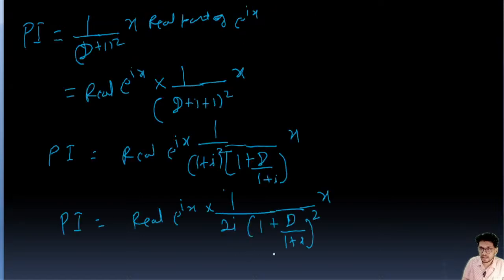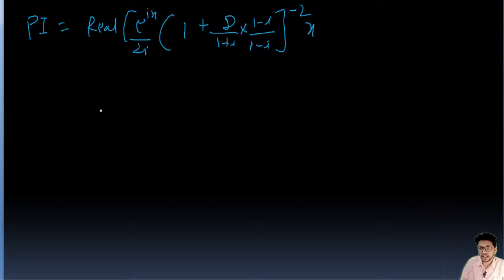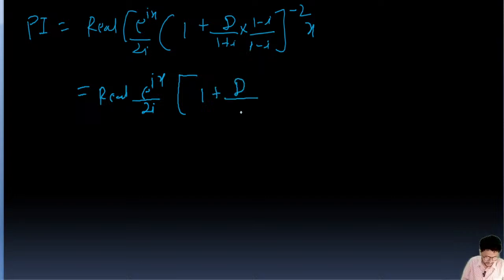We have taken this into the numerator, right? So power minus inverse, and x, we can write like this. Okay, so we'll open it, right? So this is going to be the real part of e to the power iota x upon 2i. This is going to be 1 plus D upon, this will open it, so this is going to be 1 square minus iota square, and this is going to be D into (1 minus iota). Okay, and outside x and minus 2, right?